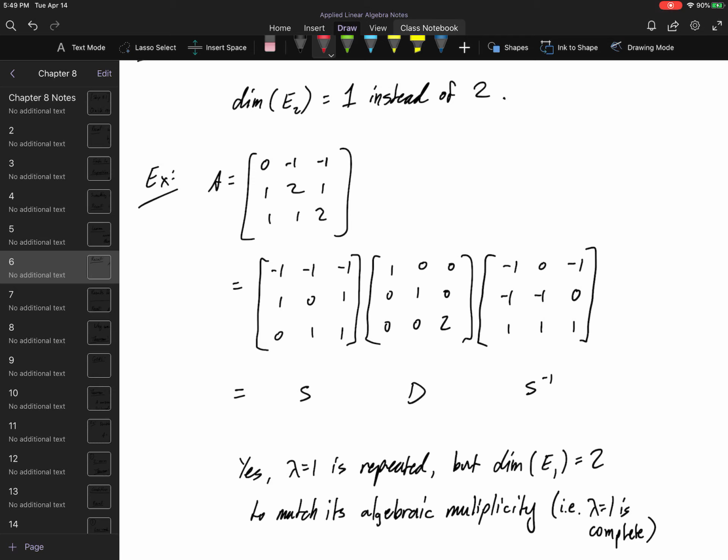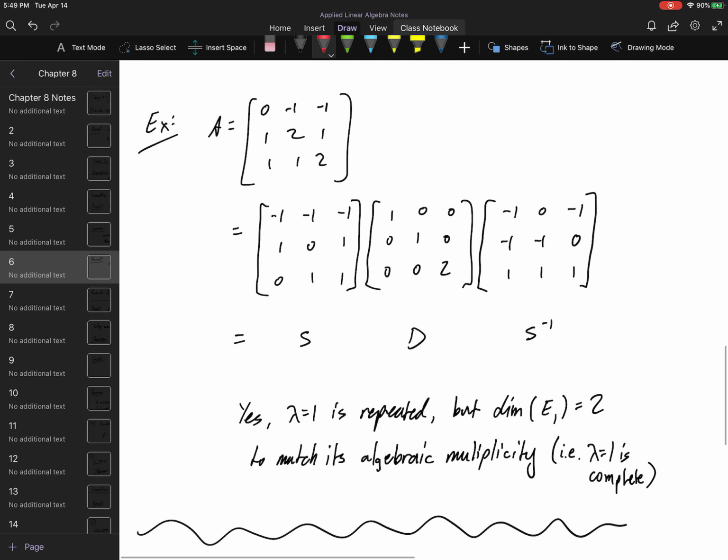We should remember how to compute these guys just from what we had in the previous 2 videos. You construct these by filling them with eigenvalues and eigenvectors, which we just showed how to compute. So yes, 1 is repeated as an eigenvalue, but the geometric multiplicity of that guy is 2, and that matches the algebraic multiplicity.